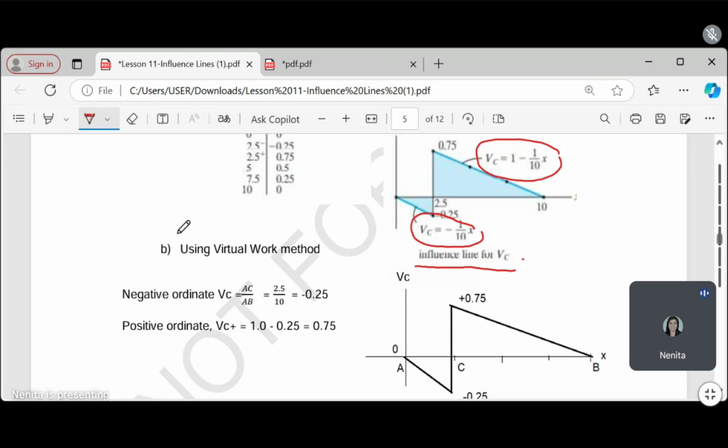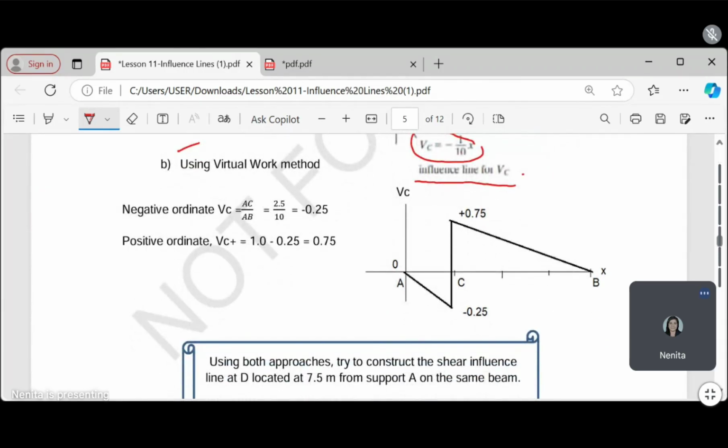Okay. So, using virtual work, remember, class, we always have a negative ordinate and a positive ordinate at C. How to get the negative ordinate? The distance AC over AB is equal to 2.5 over 10, because AC is 2.5 and AB is 10.